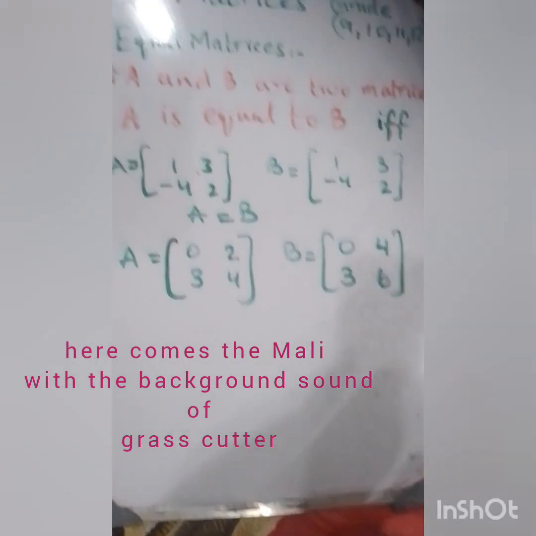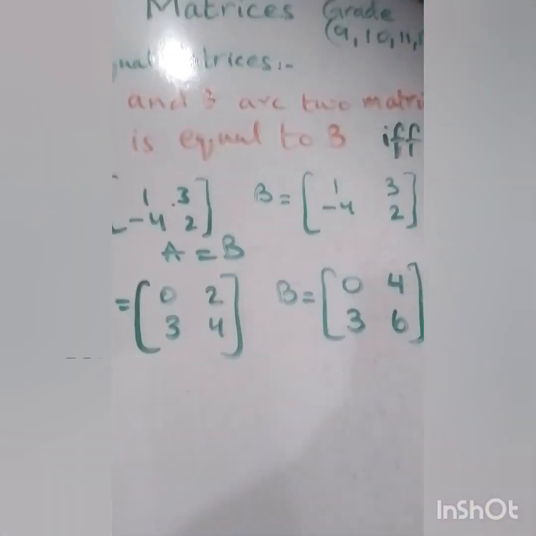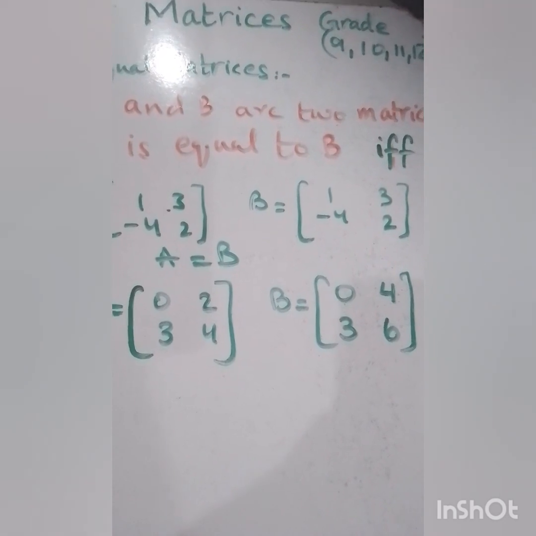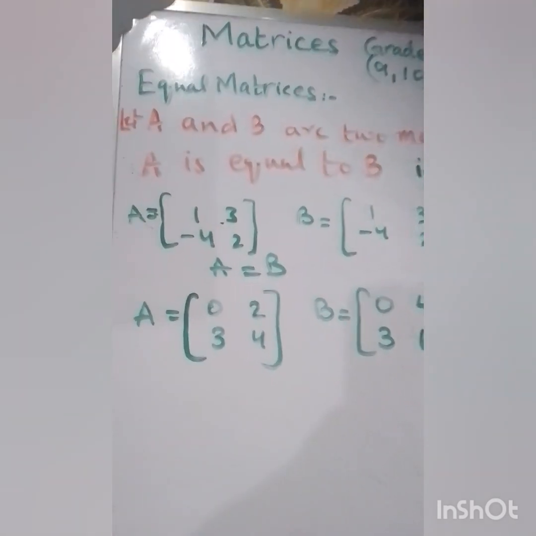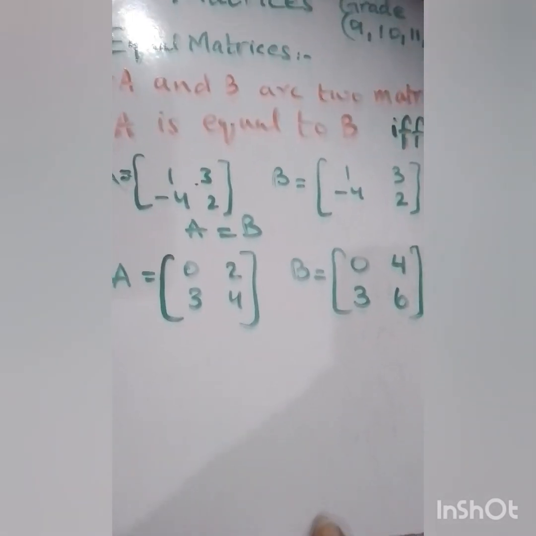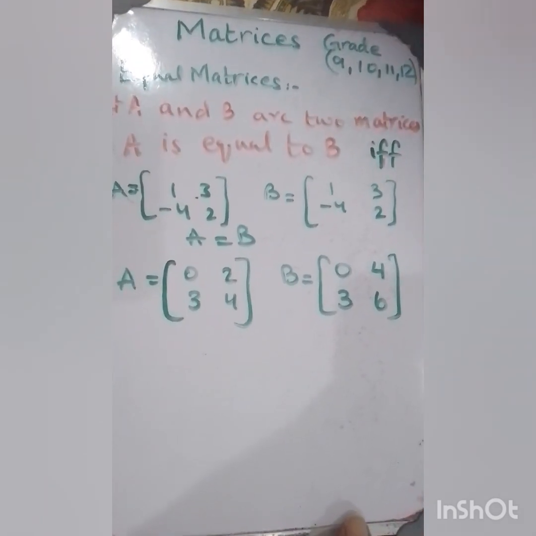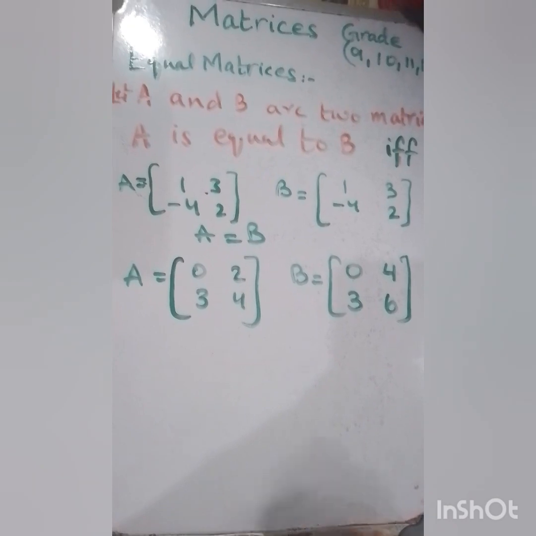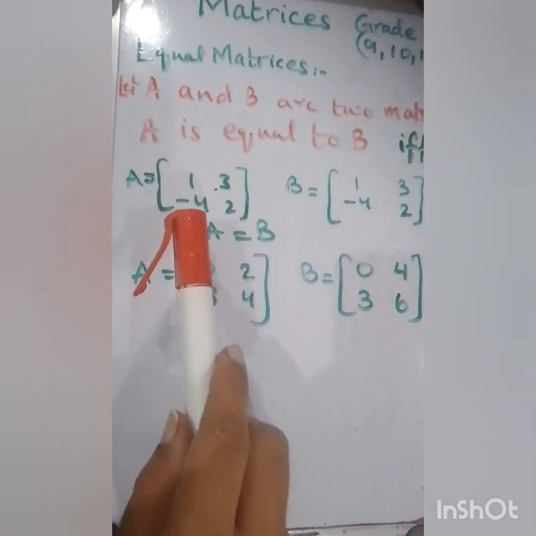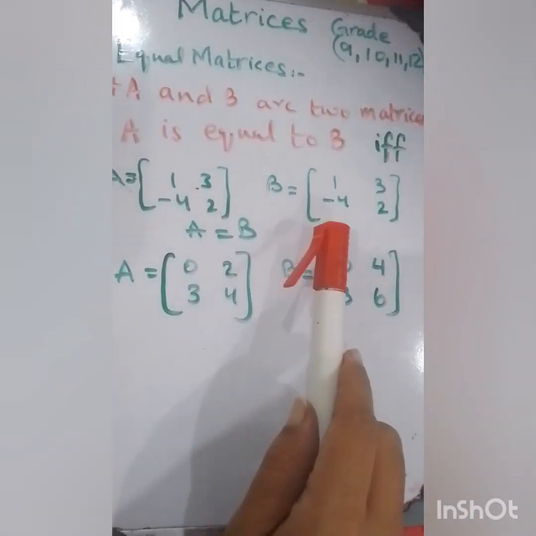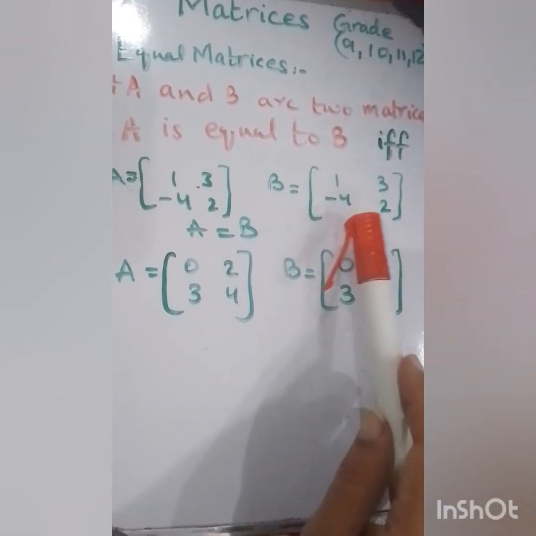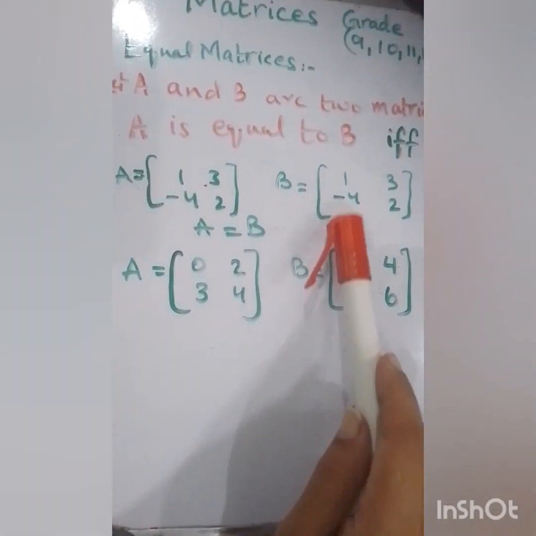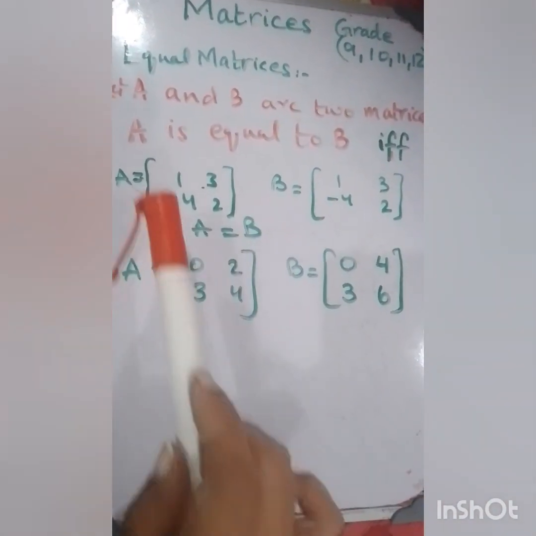Here we are discussing equal matrices. Equal matrices are those where, when we consider two matrices A and B, the entries of A are the same as the entries of B. That means they are equal.